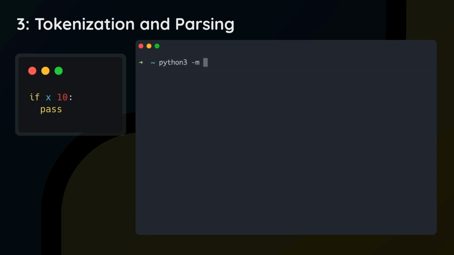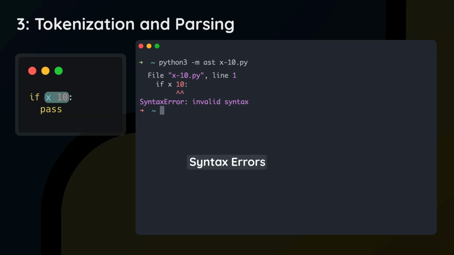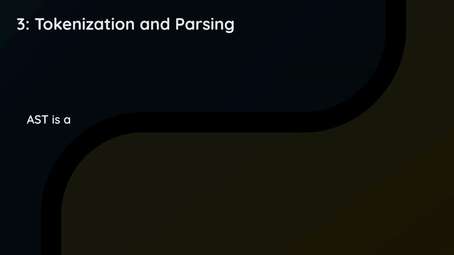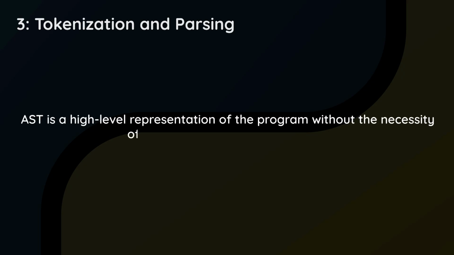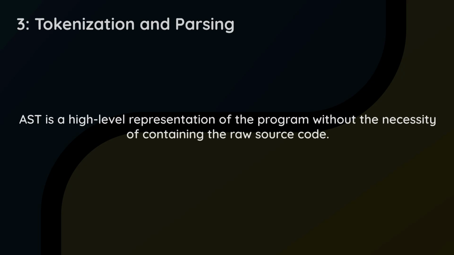But when you parse it, you get a syntax error because of this part. Python expects to see an expression after the if statement, but instead, it finds two tokens that cannot form a valid expression. Have you ever seen syntax errors in your programs? This is where they get detected. AST is a high-level representation of the program without the necessity of containing the raw source code.